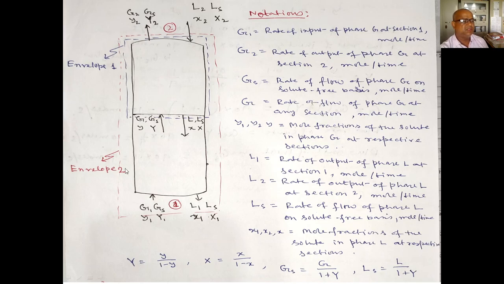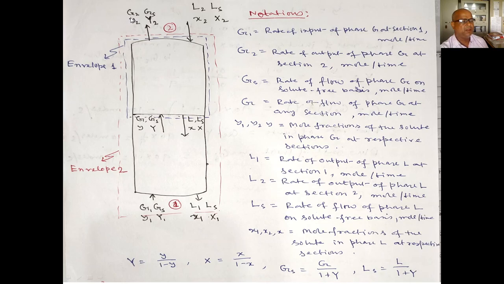G2 is the rate of output of phase G at section 2, and the unit will be moles per time. So G1 is the total flow rate at section 1 and G2 is the flow rate at section 2, with corresponding mole fractions y1 and y2.